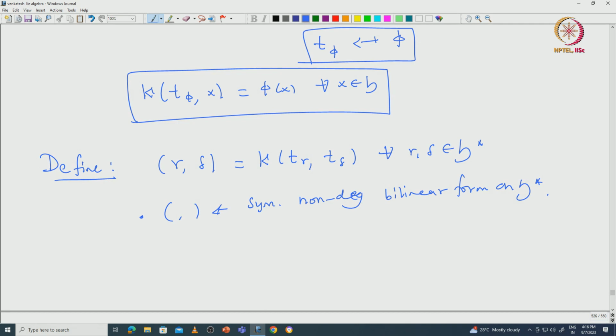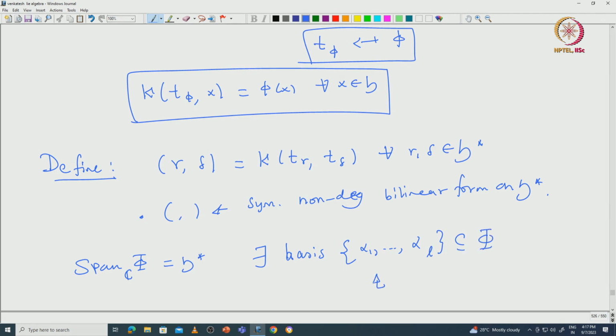Now, since the span of phi is H star, we will fix a bunch of roots that is a basis of H star. The span of phi over C is H star, so in particular there exists a basis alpha 1 etcetera, let us say alpha l, inside phi.